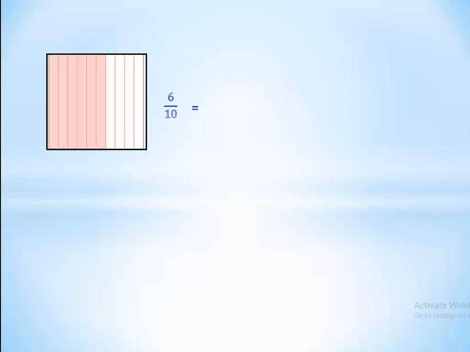We call it decimals. We put the numerator as it is, then count how many zeros in 10. 1 zero, so count 1 and we don't have another zeros, so put decimal point and 0.